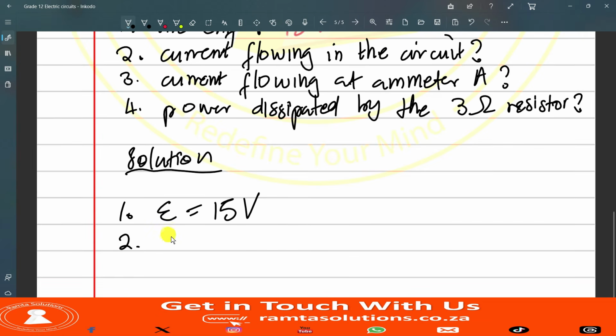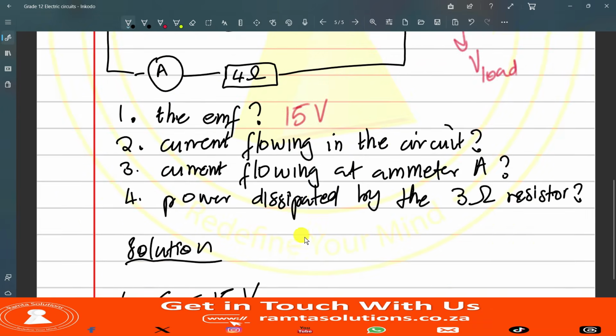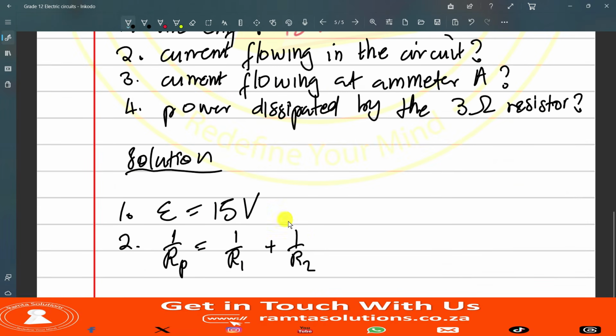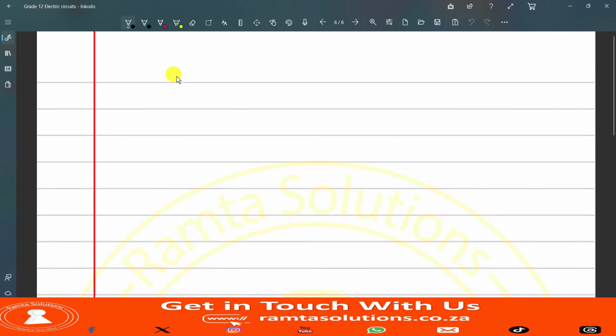We will begin by finding the parallel combination. 1 over Rp equals 1 over R1 plus 1 over R2, so it's 1 over 2,4 plus 1 over 4.